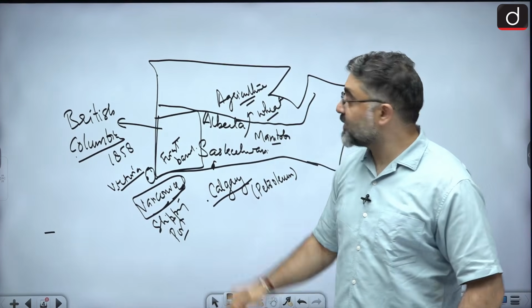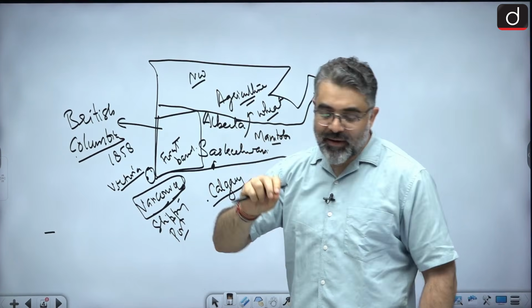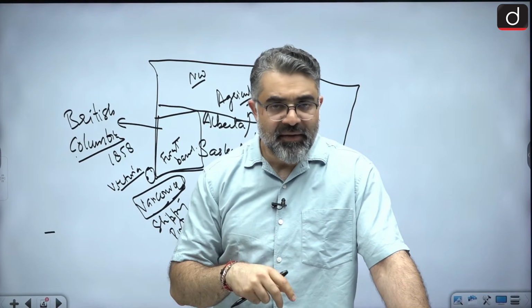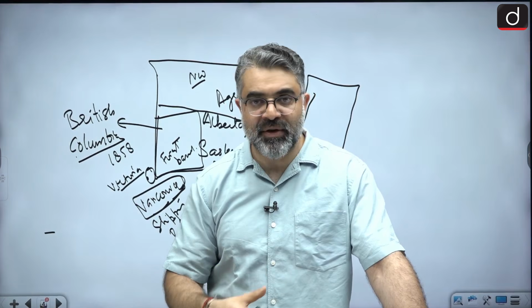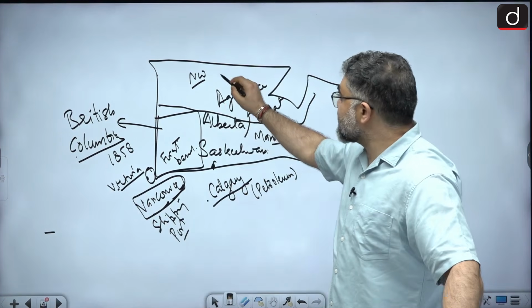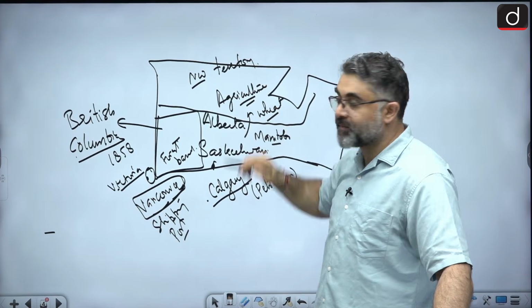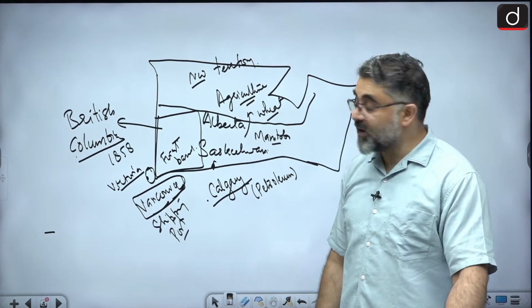To the north of Canada, if we move, a massive region, the northwestern part of Canada, we understand that climatic conditions are too harsh for the region. It's very harsh because it is very close to the Arctic area, with polar winds bringing in snowstorms and so on. So this is called the Northwestern Territory.